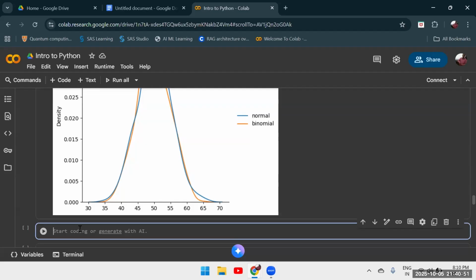Which one do you use mostly, sir, in the normal, binomial or Poisson? It's actually a combination of multiple methods, Sashi. The reason we are seeing all these methods is that in real-time examples we will be adopting more than one approach and taking the best of all.